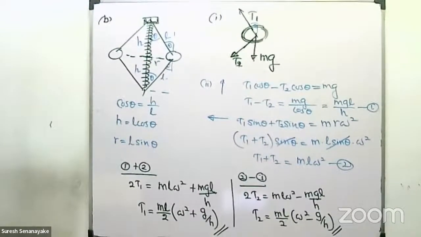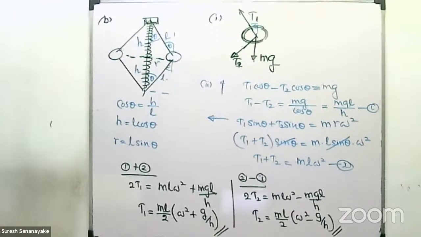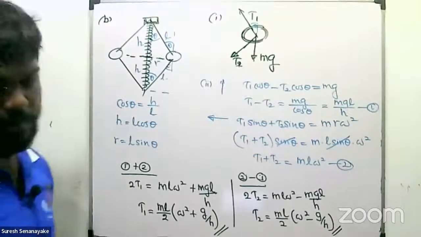Then the third part, they're asking: when the frequency of the output voltage is 50 hertz, the value of H is 30 centimeters. With the value of H being 30, show that the contribution to the tension from the g over H term can be neglected. So I will erase this part.